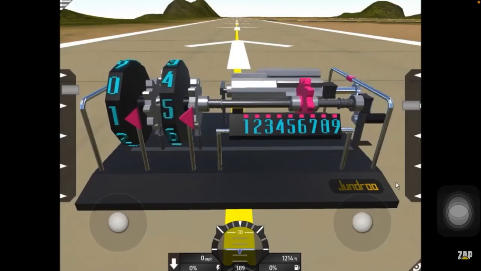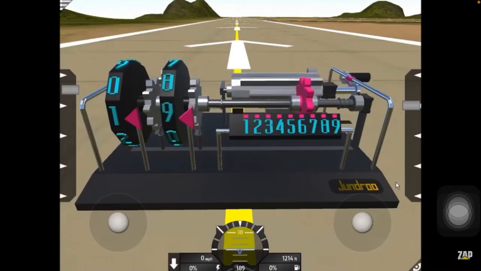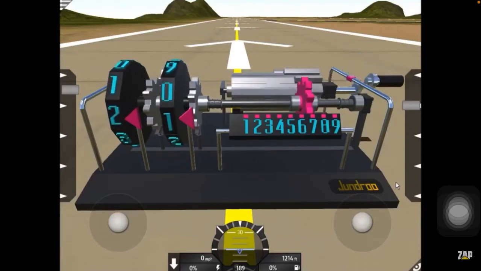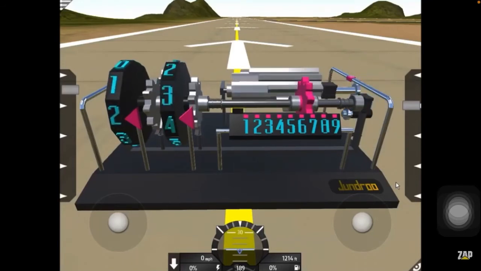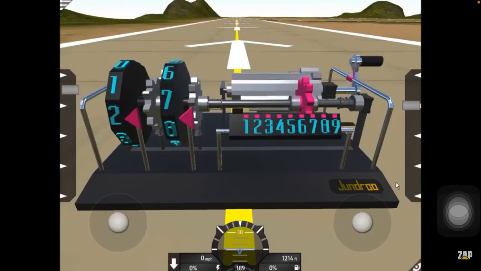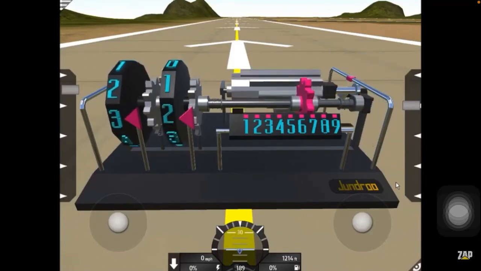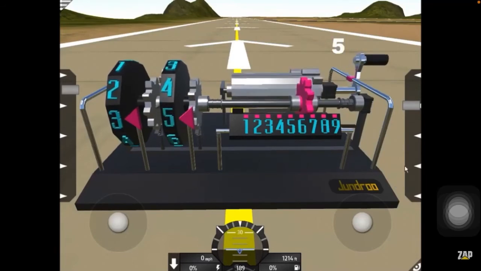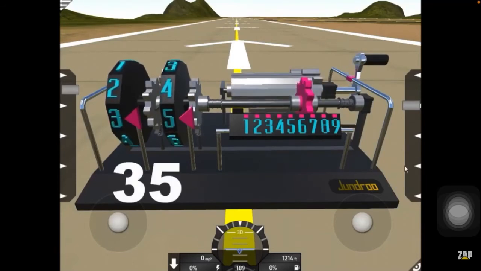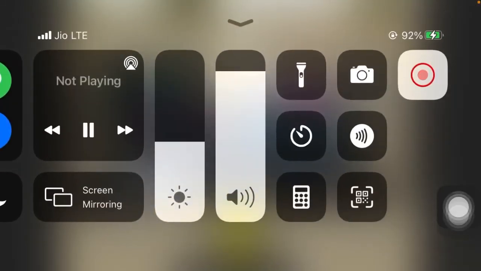After completing these 5 rotations, we get our final answer. And we already know that 7 into 5 is equal to 35, right? So after rotating the handle 5 times, we get our final answer, 35.